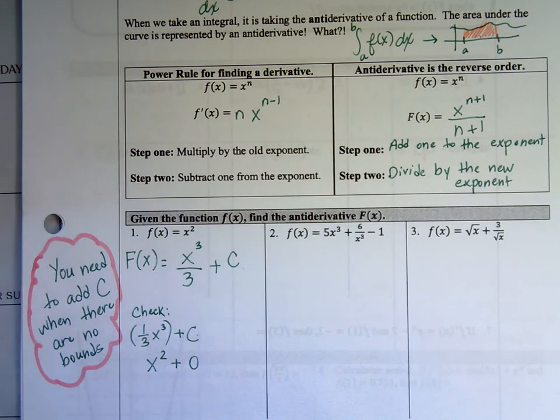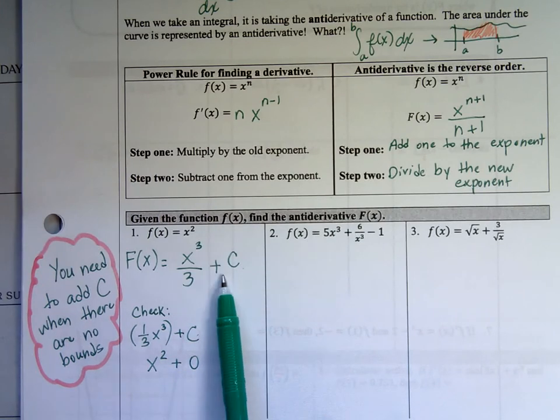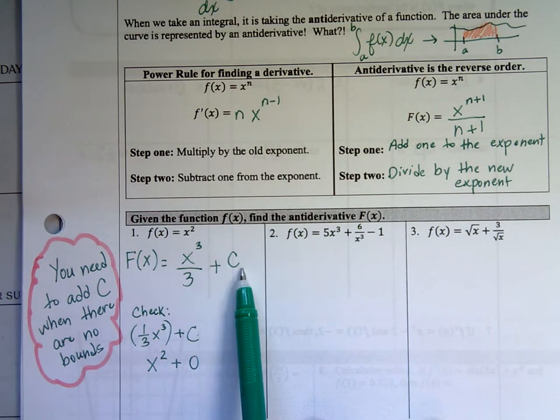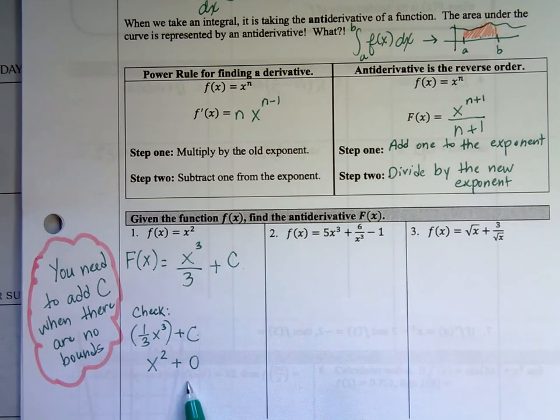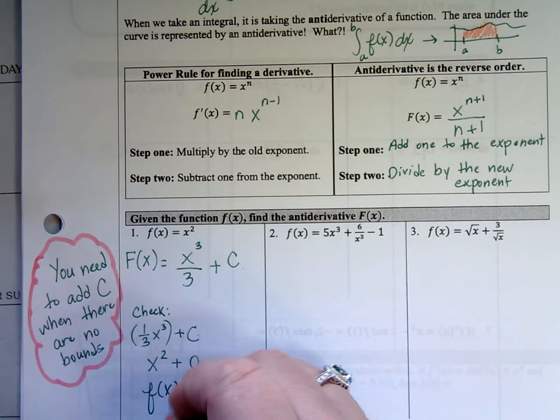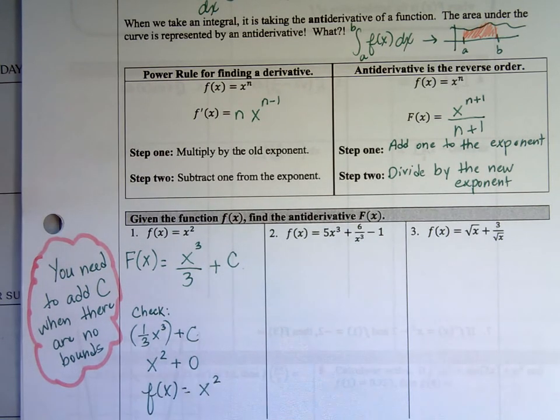So it could be higher on the graph or lower on the graph, but it still has the same shape and characteristics. The c could shift it vertically up or down. And the derivative of a constant is 0, so it doesn't affect what the original function was. The original function then was just an x squared.